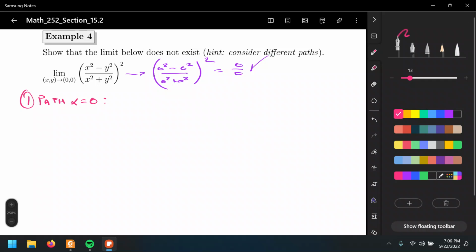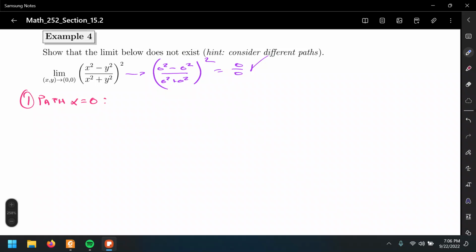So it will become a single variable limit. That's the limit as y approaches 0, no longer x approaching 0 and y equals 0, just y approaching 0. So that's 0 squared minus y squared over 0 squared plus y squared, quantity squared.